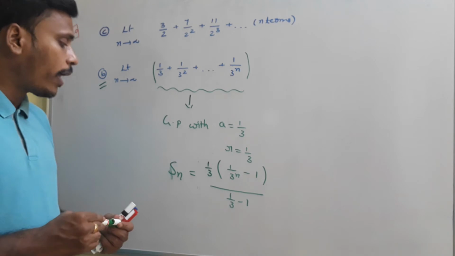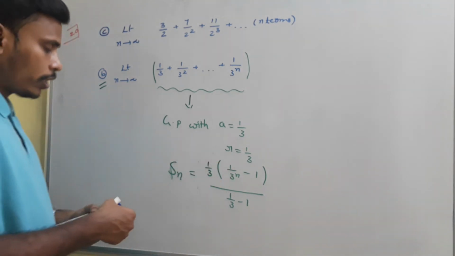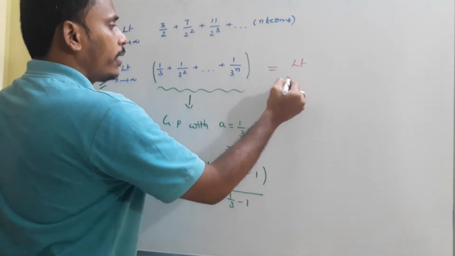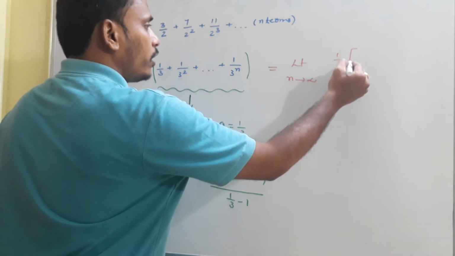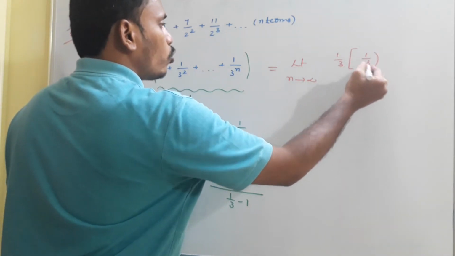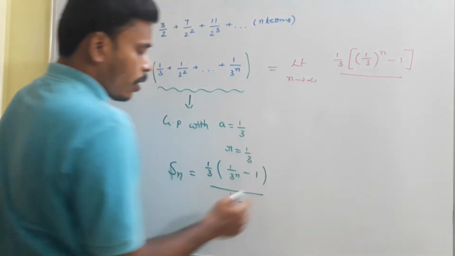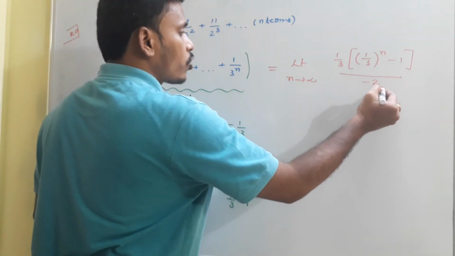Now we need to apply limit for this particular value. So that's why what I am writing here, this is equals to limit n tends to infinity 1 by 3 into 1 by 3 to the power n minus 1 divided by 1 by 3 minus 1. 1 by 3 minus 1 is simply minus 2 by 3.